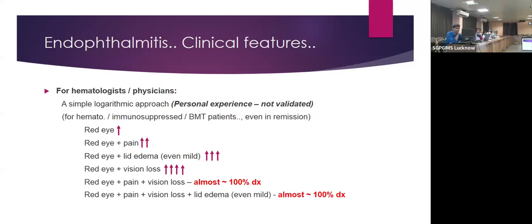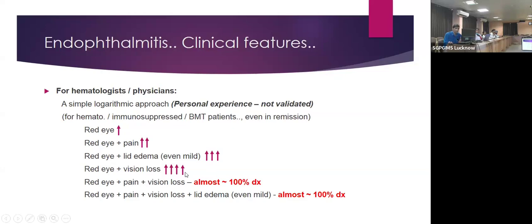I have devised this approach. This is personal experience, not validated, for physicians, particularly in immunosuppressed patients or hematological patients or post BMT, even in remission. Red eye, you should be alert. Red eye with pain, you should be more alert, more suspicious. If the red eye has a little bit of lid edema, it is more likely some infection or inflammation in the eye.